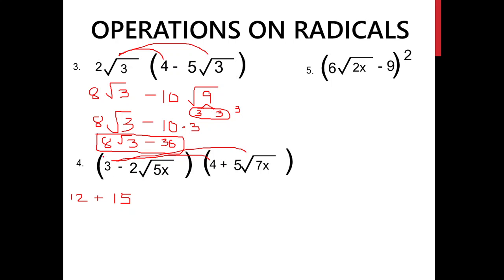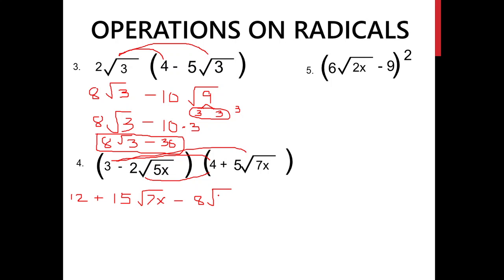Since 3 does not have any radical sign here, let's just go ahead and copy the square root of 7x. Next, the second term multiplied to the first term. Negative 2 times 4 is negative 8. And since 4 does not have a radical sign here, let's just copy this one.